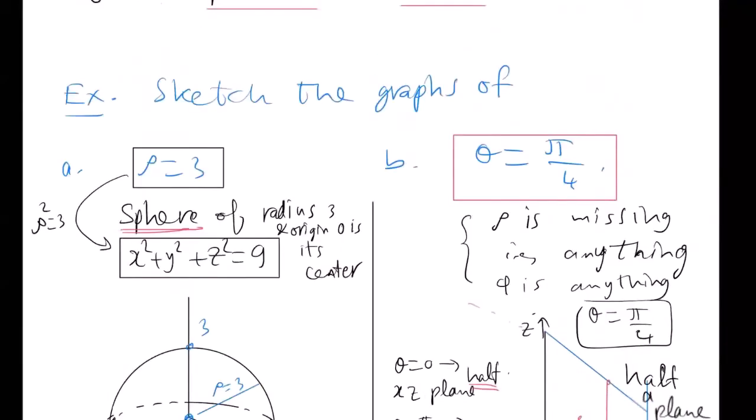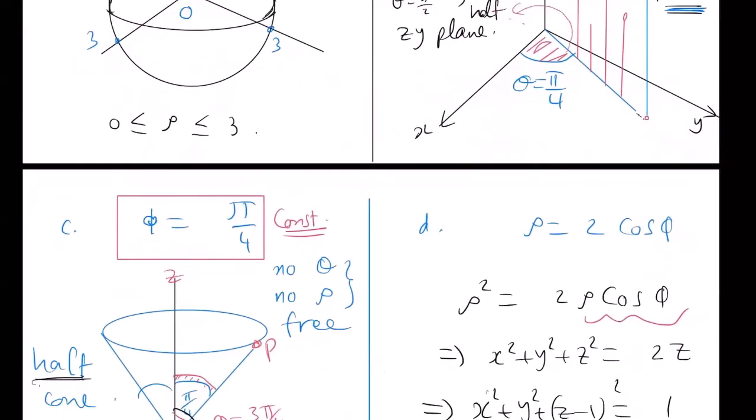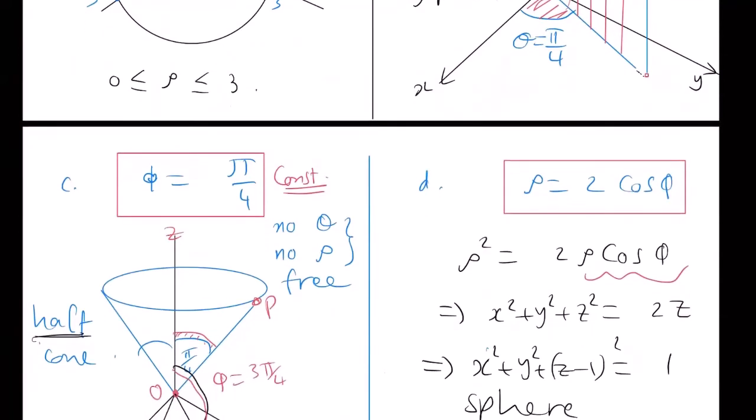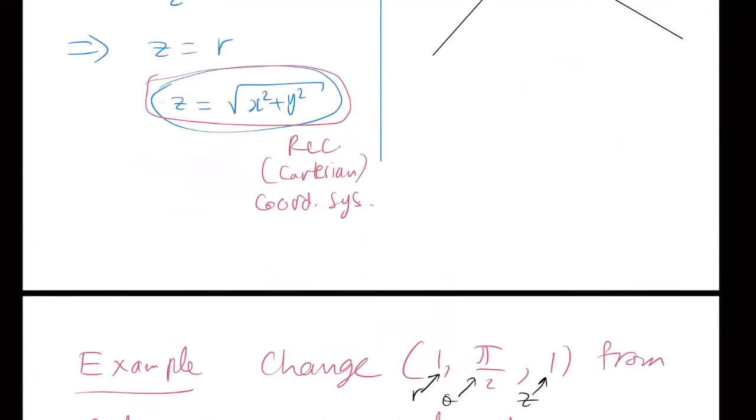The question is to sketch the graph of this equation. If it was r equals 2 cosine theta, it was a circle. We studied it before, and I'll review it with you.